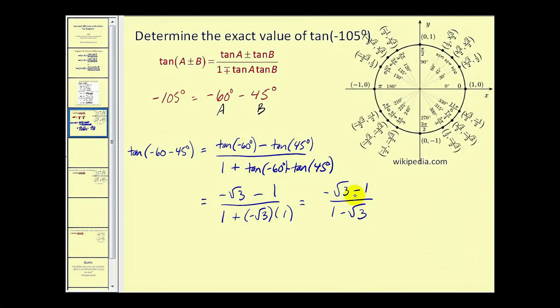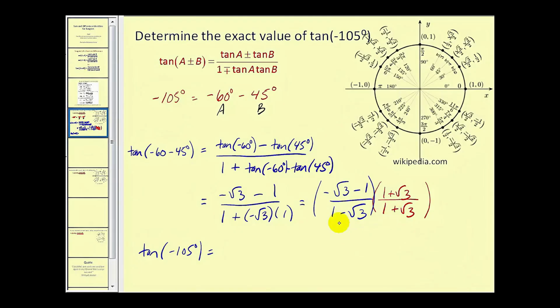However, we're often asked to rationalize this. So let's go ahead and multiply the top and the bottom by the conjugate of the denominator, which would be 1 plus square root 3. Let's take this down here. Again, the tangent of negative 105 degrees is equal to this product. Let's start by multiplying the denominator together.